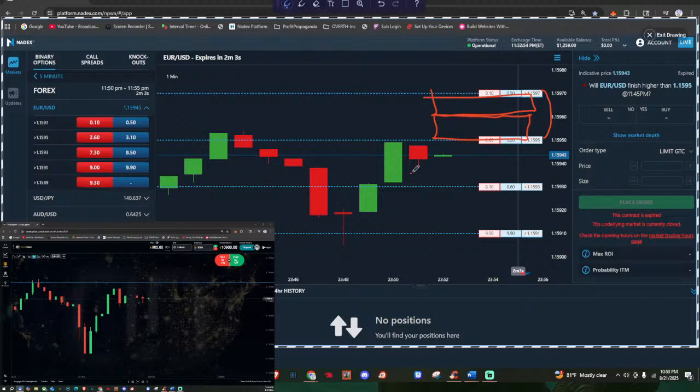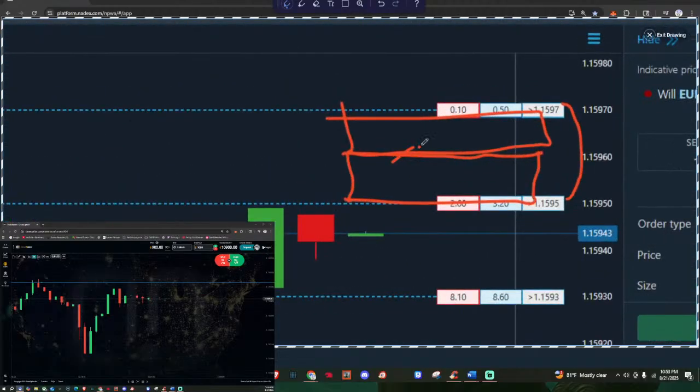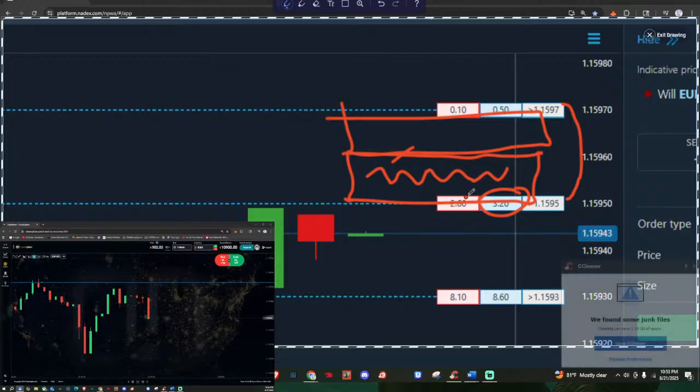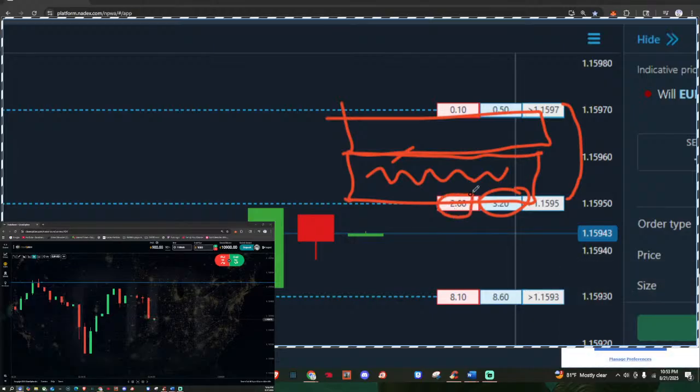And so the whole idea for this platform is to wait until the market enters a position, and then it kind of bounces around in that position. And while it does that, I'm looking for these numbers to move incrementally.